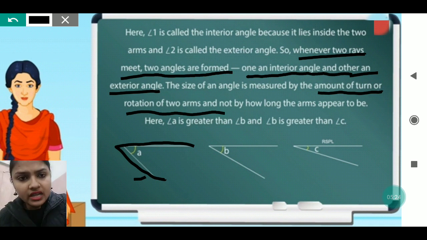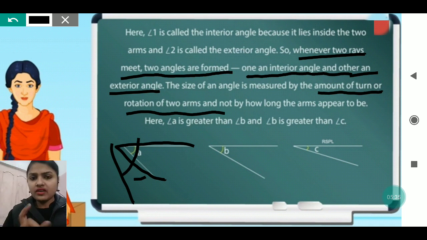Whatever you measure will be the size of that particular angle. If it is moving a little more, you will measure that.